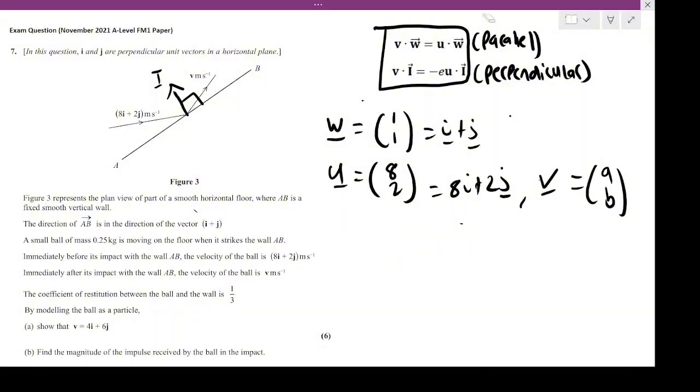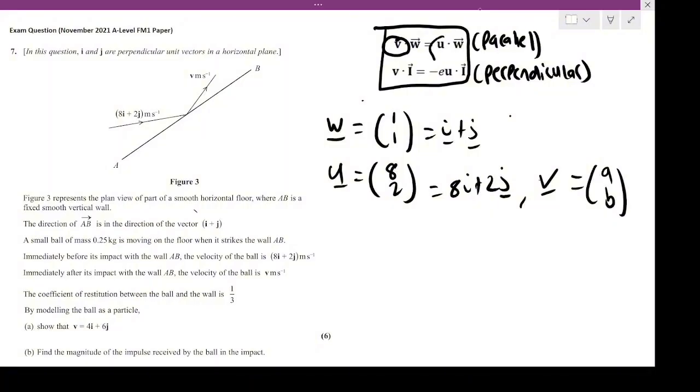Why? Because I don't actually care about the precise vector for I. I don't care about the actual impulse vector. I only care about a vector that's parallel to, or a multiple of, the impulse vector, because look at this equation. It's quite specific.